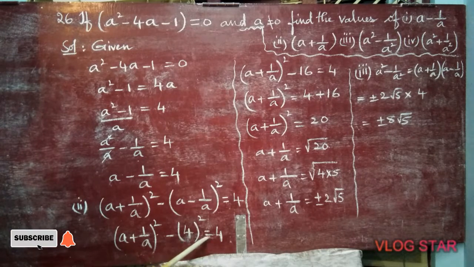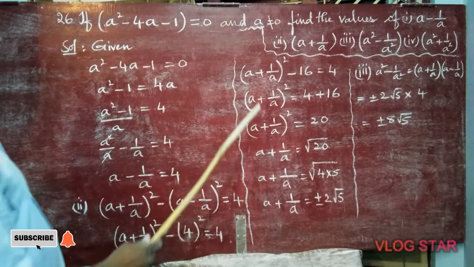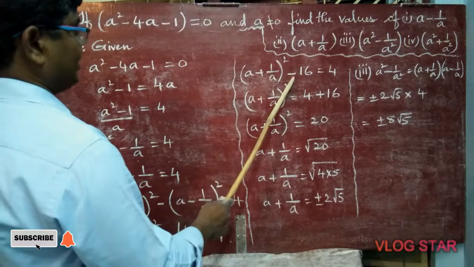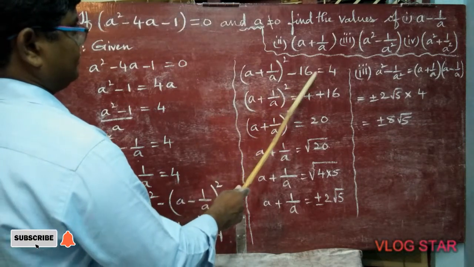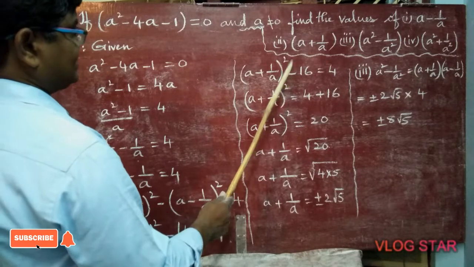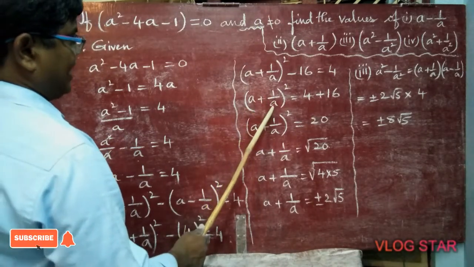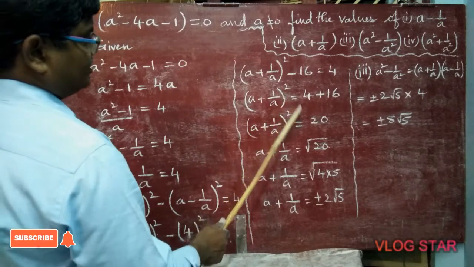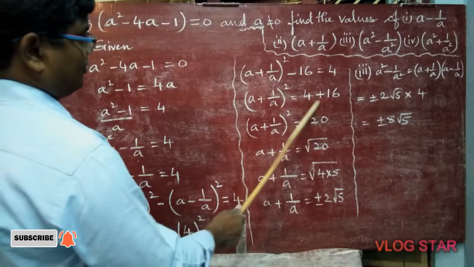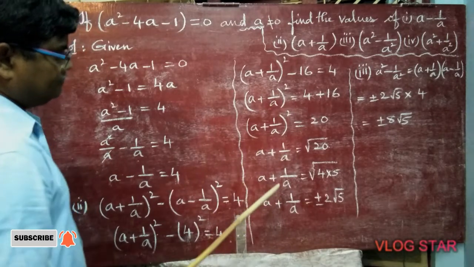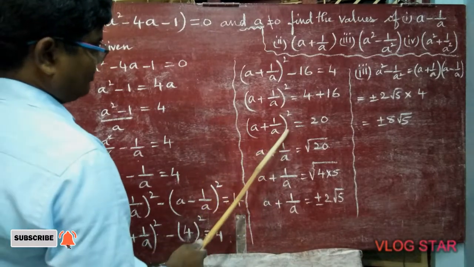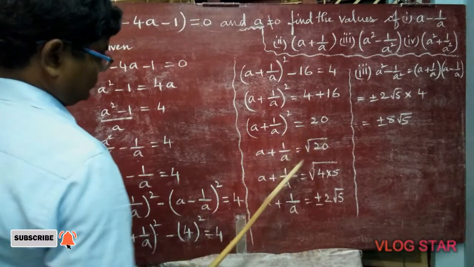So 4 square is equal to 4. (a plus 1 by a) whole square minus 4 fours are 16 is equal to 4. Minus 16 goes to that side, plus 16. So (a plus 1 by a) whole square is equal to 20. 4 plus 16, 20. The square goes from left to right as a square root.